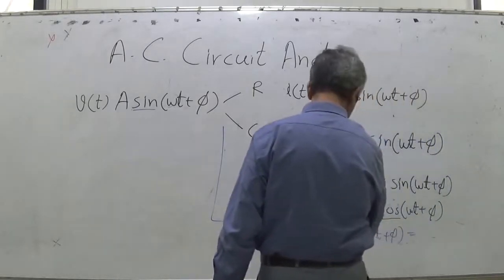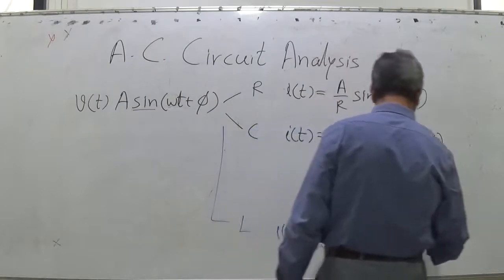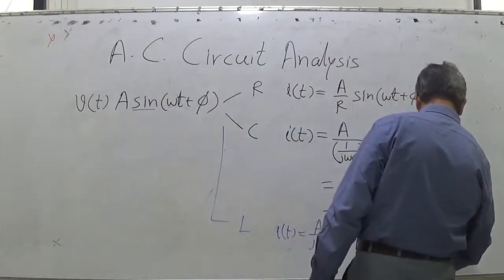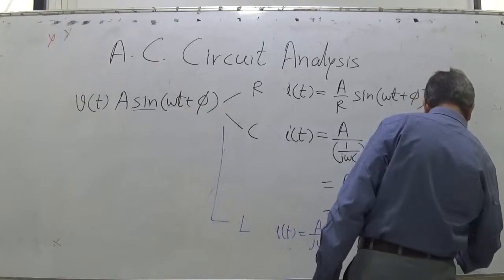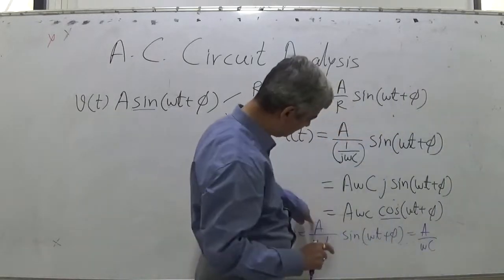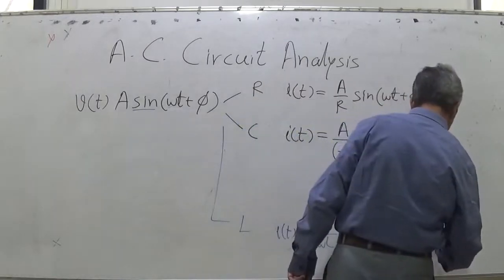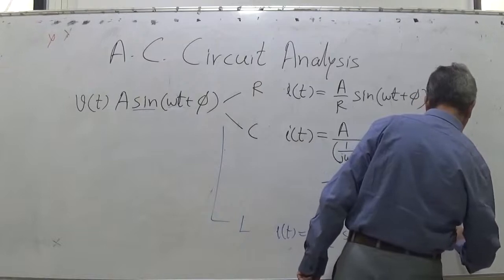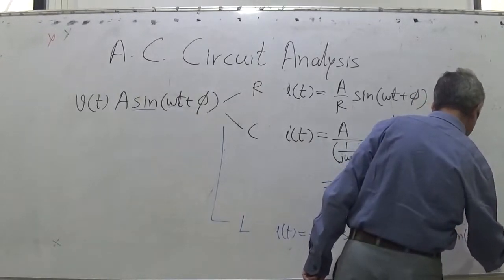When I say j, multiply numerator and denominator by j, so I get A upon omega L, multiplying j and j, it becomes minus 1, so it is minus j sine omega t plus phi.